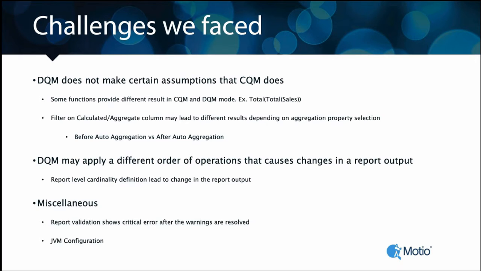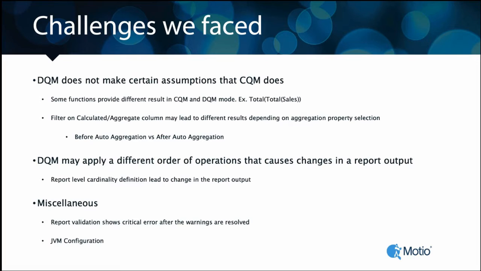Cognos in dynamic query mode renders the error message after all the validation messages have passed. So when you do a report validation, if the compiler finds a warning message before the critical error, it shows only the warning message first. But when you run the report, it will throw an error.